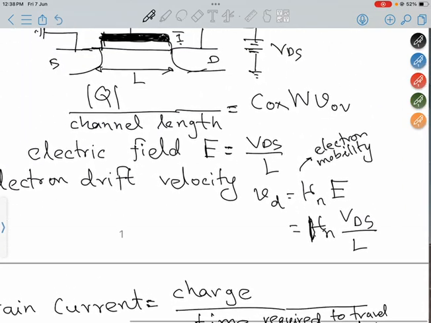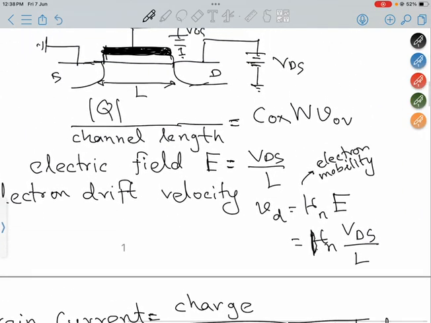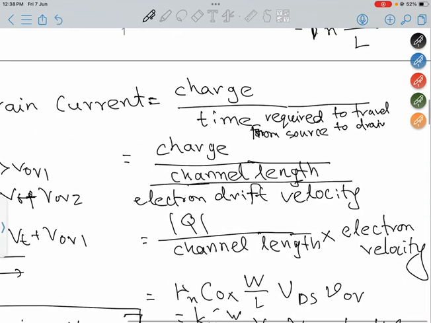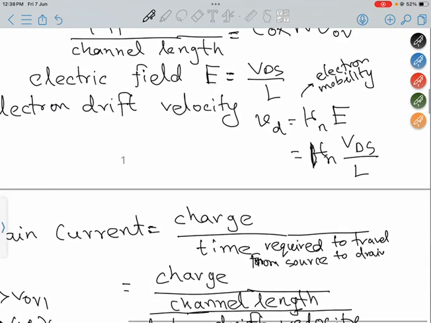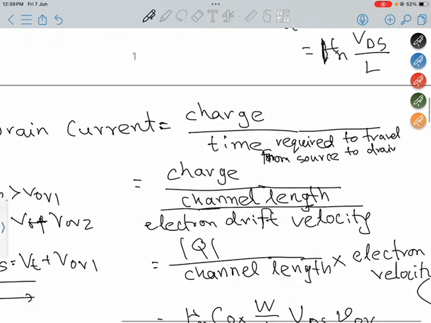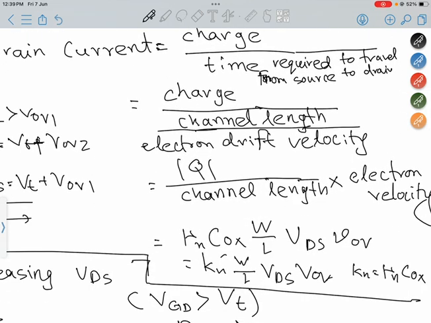From the earlier equation, we found that Q by channel length equals Cox W VOV, and VD equals mu n VDS divided by L. So the drain current is mu n Cox W by L VDS VOV.